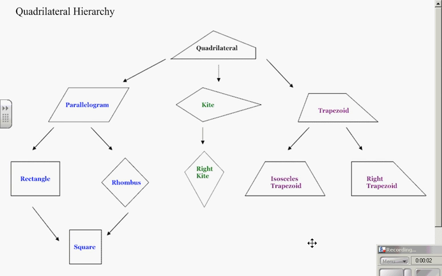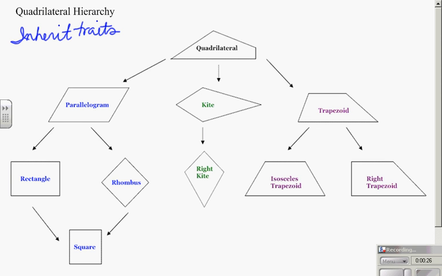Okay, I'd like to continue with the 4.2a lesson. This graphic is one of the most important ones you can have open when you're doing your homework because this really shows how the different quadrilaterals are related. One of the things that's true about quadrilaterals is that they inherit traits.